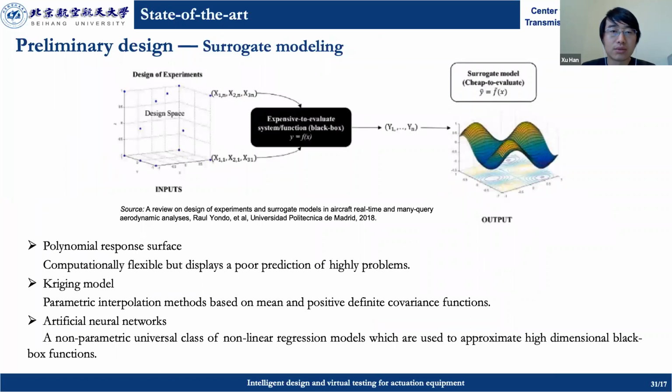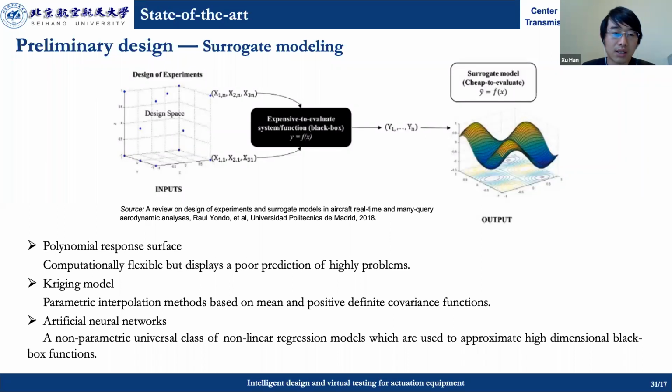We also need to develop a surrogate modeling method because during optimization, hundreds or even thousands of simulations need to be performed. If we use a physics-based model, it will be very computationally expensive. So we use surrogate models for better calculation efficiency, like polynomial response surface, Kriging models, and artificial neural networks.